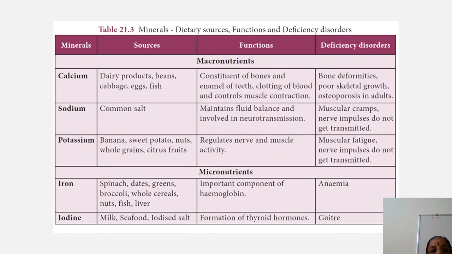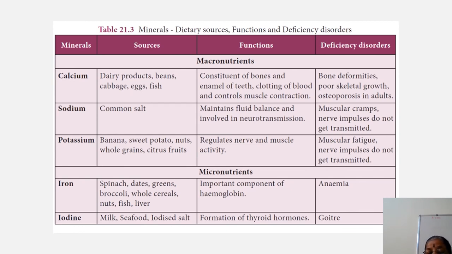The next one is minerals. Minerals, dietary sources, functions, and deficiency disorder. Only a little is given here for minerals, such as calcium: dairy product, beans, cabbage, eggs, and fish. It is a macronutrient, required in large quantity, and it forms constituents of bones and enamel of teeth, clotting of blood, and controls muscle contraction. This is the mineral calcium.